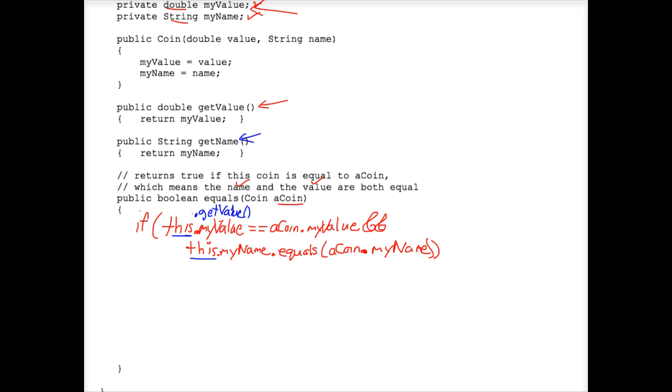What do you want to do if you've tested two coin objects here and they're equal? Well, you want to return true, because this method must return a boolean, and you would simply return true.